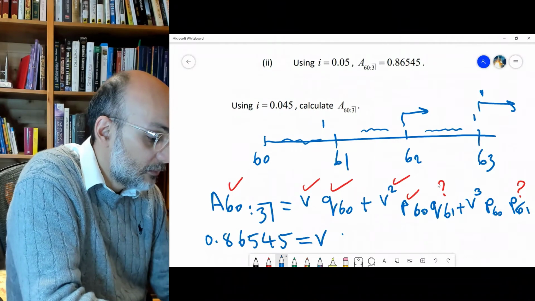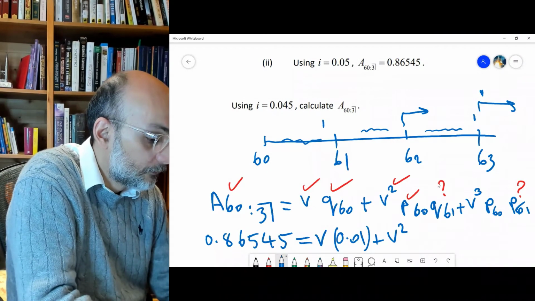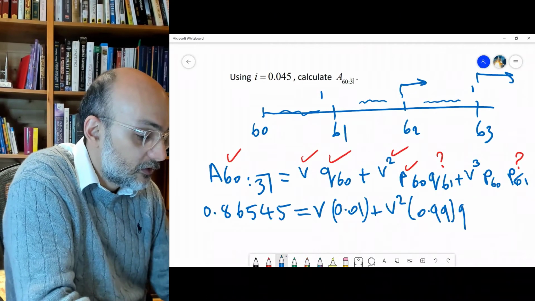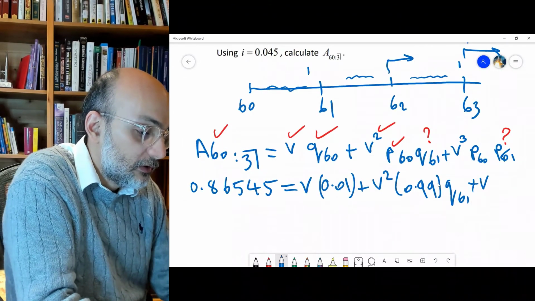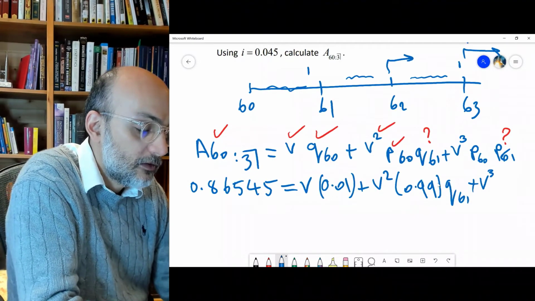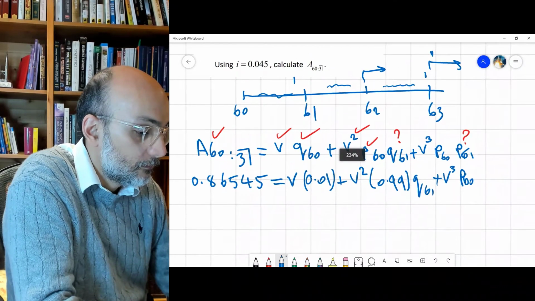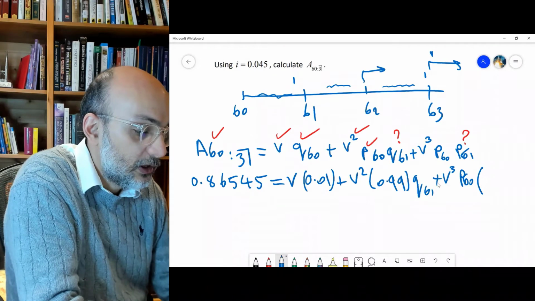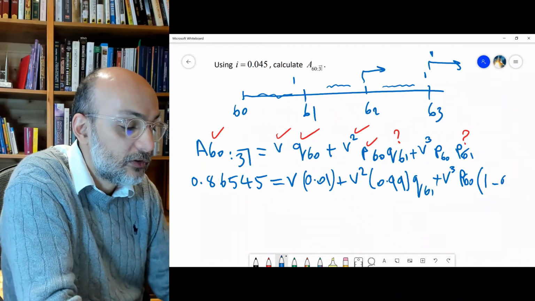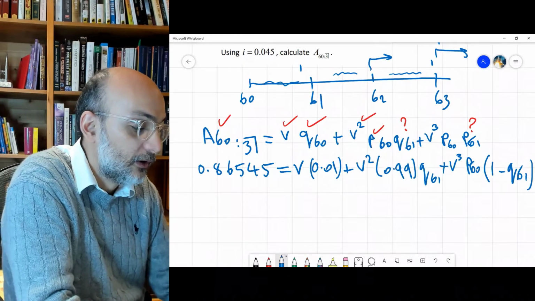Q60 is 0.1%, plus V2 0.99. Q61 is what we're looking for, plus V3. Let's make it P60, and maybe to keep one unknown, which is Q61, just because then we have one unknown.